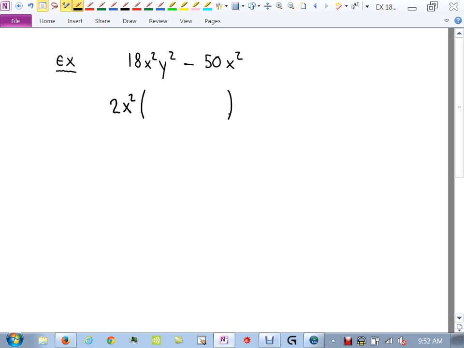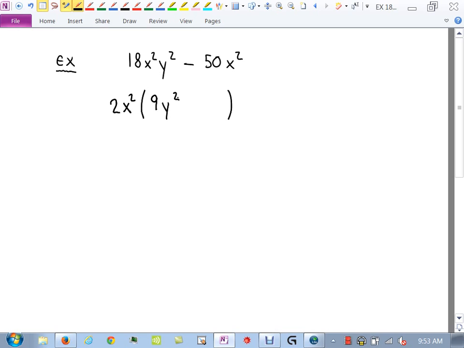2. And now what we need to do is somehow turn a 2x squared into an 18x squared y squared. So 2 turns into 18 if we multiply by what? 9. X squared turns into x squared if I just don't do anything, right? And then I need to produce a y squared, so I put y squared, because I didn't have any y's over here in my GCF.